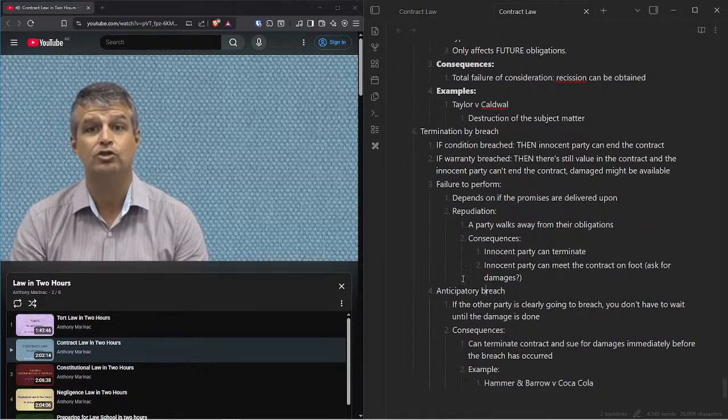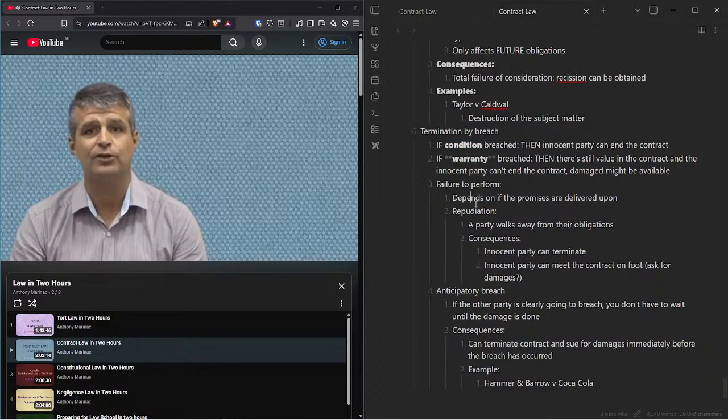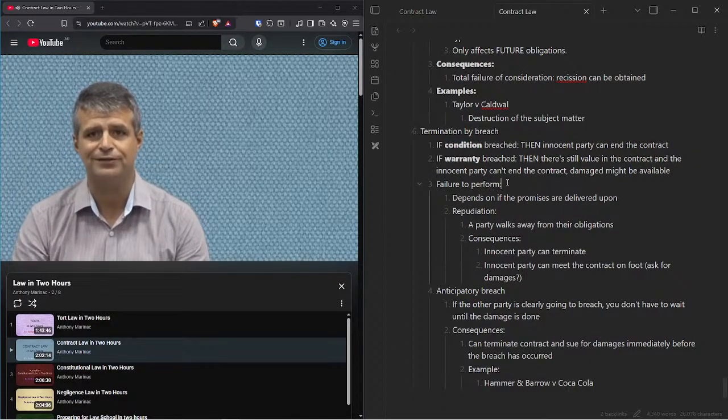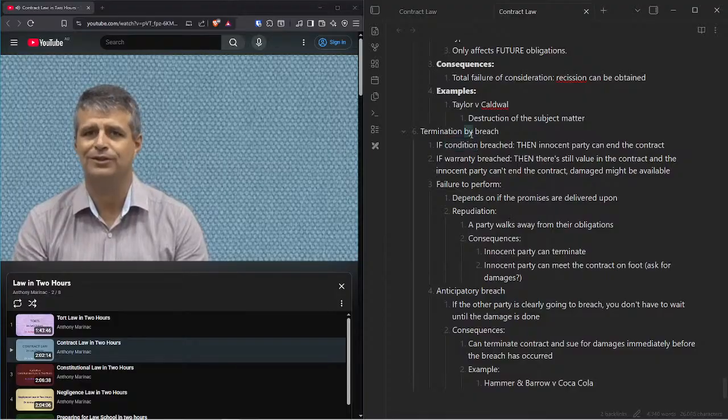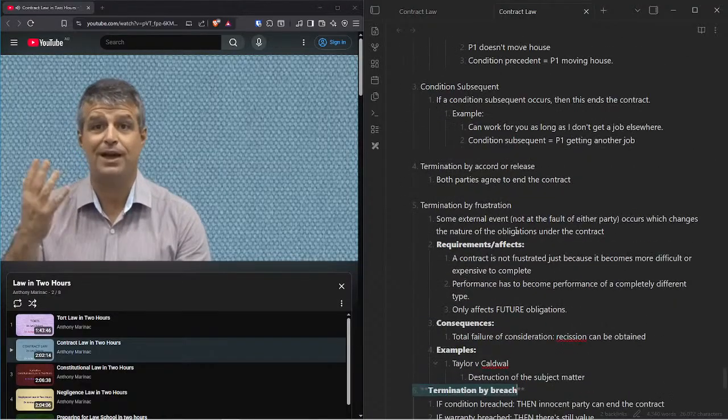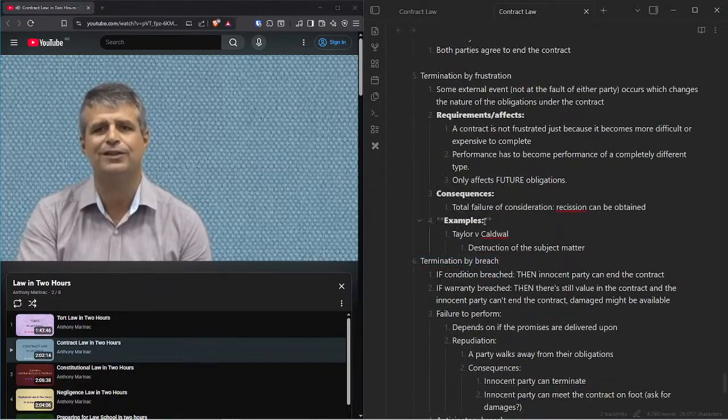Coca-Cola ordered 200,000. The first batch of 85,000 was delivered, and from those, 60,000 were defective. Coca-Cola didn't have to wait for the other 115,000 to be delivered before ending the contract and suing for damages. Otherwise, heaven knows how many defective yo-yos they'd have had on their hands.